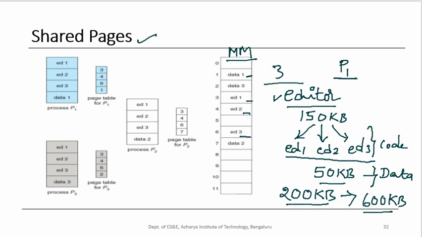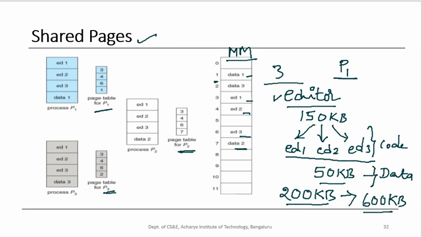For example, data 1 is the page where the process P1 stores its data, and this page is put in frame 1. Similarly, data 2 is the data page of process P2 and data 3 is the data page of process P3. So we have avoided making additional copies of the editor code. Instead, we have made all the processes refer to the same pages. That's the concept of shared pages.